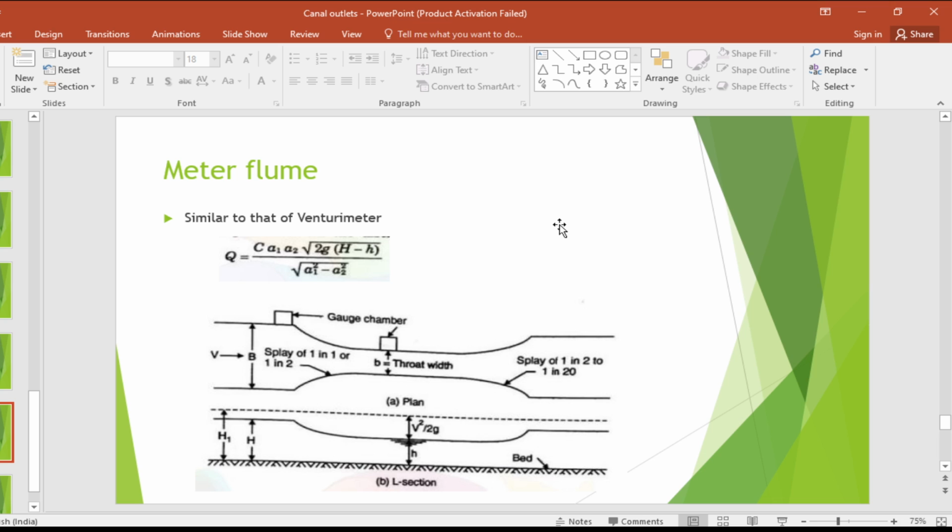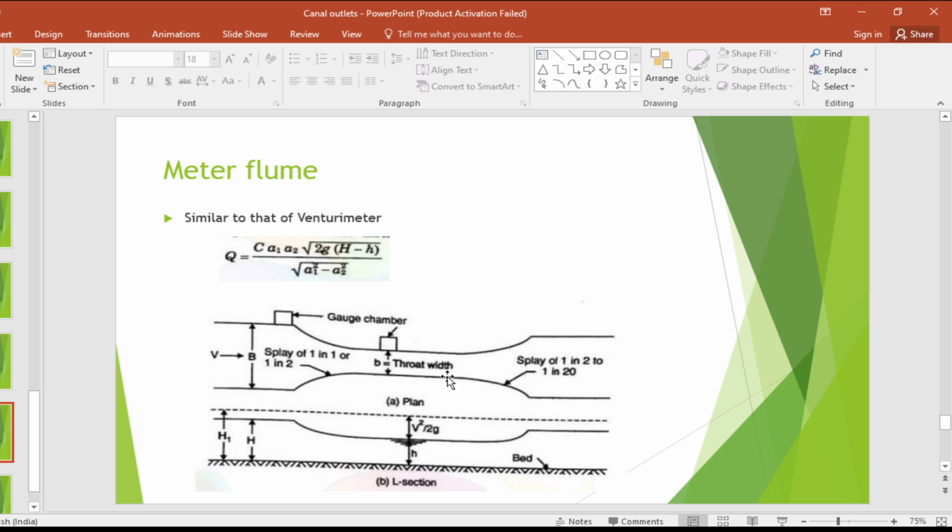Now here in this figure, the depth of water at the throat and at the upstream normal section is recorded by means of two gauge wells. Here two gauge chambers are shown, and this is the plan of that particular meter flume.